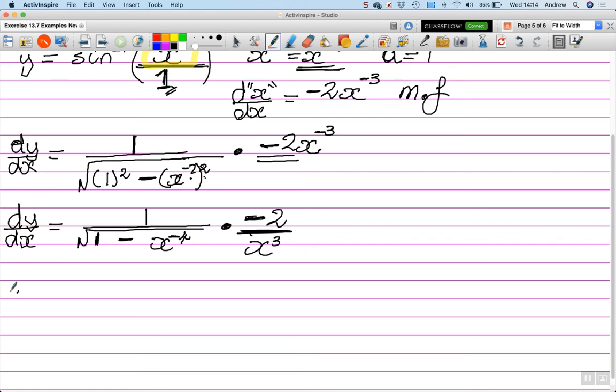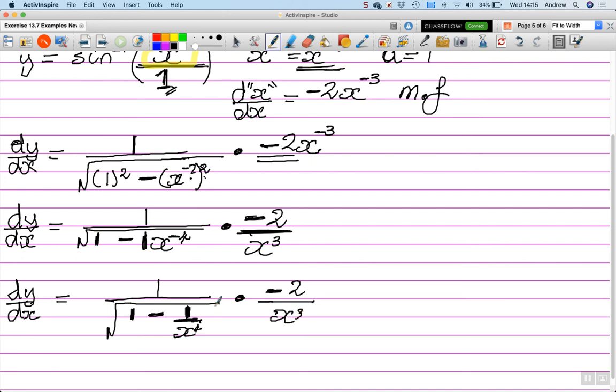And then we can finish it off by saying dy dx is equal to 1 over the square root of 1 minus, now the x to the power of minus 4, the 1 can be left on top, and the x to the minus 4 can come underneath, the x to the power of 4. And then we're going to multiply the minus 2 over x cubed. And that is technically the answer.